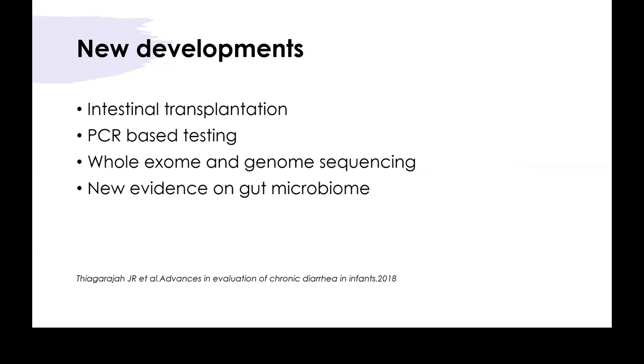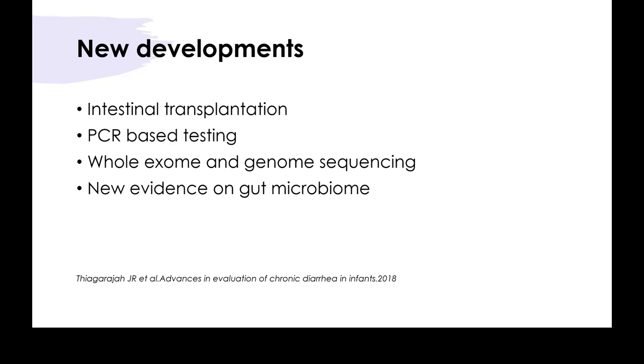There are lots of new evidence coming, new developments happening. Currently for intestinal failure in Western countries, intestinal transplantation has come as a rescue therapy. In Australia, UK, in certain centers, it has been done.